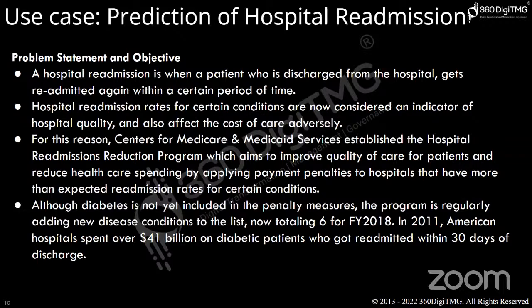Here we are trying to predict the hospital readmission rate for diabetes patients. Although these diabetes patients have not been included in the penalty measure, the program keeps adding new diseases to this list. Till 2018 the list was six.